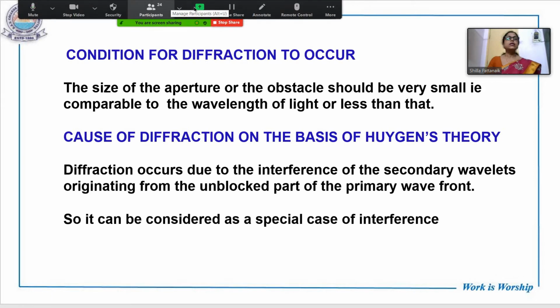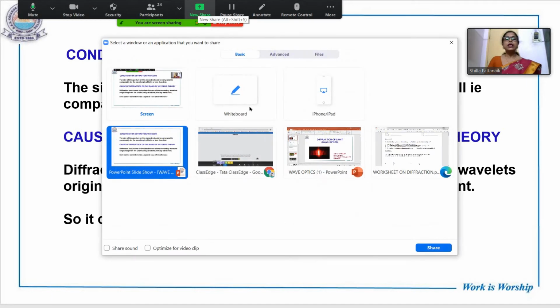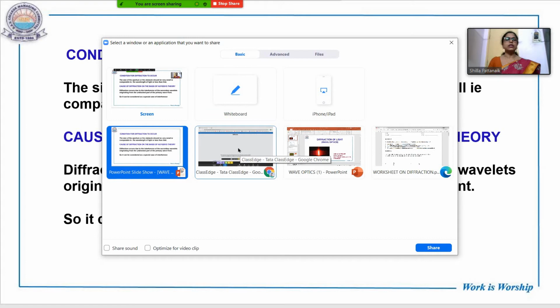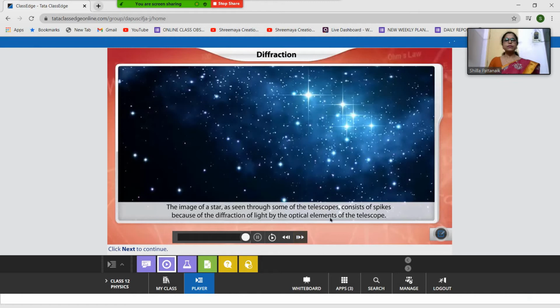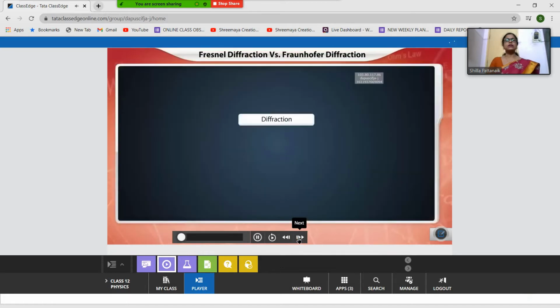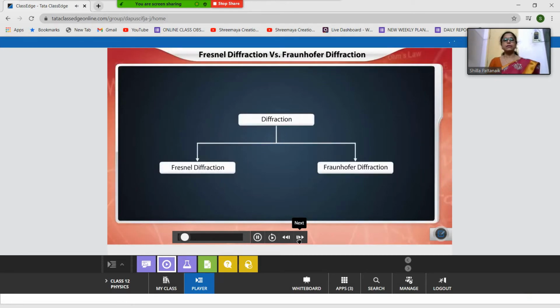Now let us again go to the Tata class content. Then I'll show you what are the types of diffraction. Diffraction can be of two types: Fresnel diffraction and Fraunhofer diffraction.